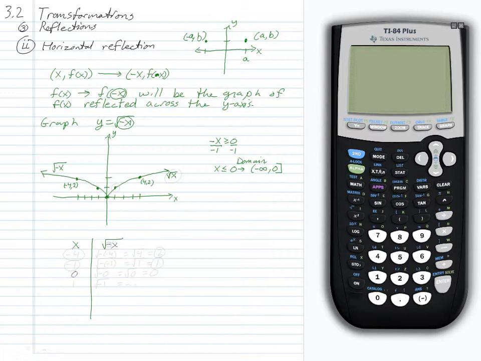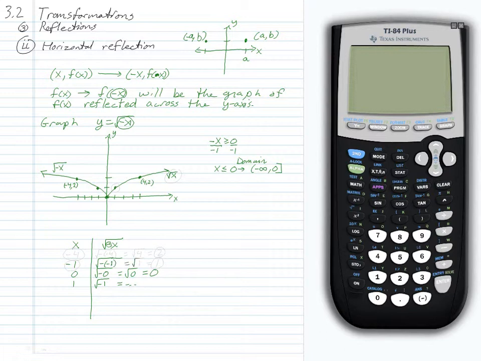Well, if I plug in 0, I'm taking the square root of negative 0, which is the square root of 0, which is 0. If I plug in 1, then I would take the square root of negative 1, which is undefined. But if I plug in negative 1, that negative inside the function, built in now, cancels with the negative in the x value that I'm using.